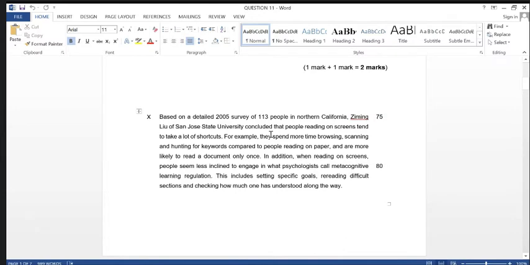For example, they spend more time browsing, scanning, and hunting for keywords compared to people reading on paper. Alright. So if you want a shortcut, you browse, you scan, you check keywords only. You do not read line to line, stop, and check again the relationship like what I taught you, right? Because those are the shortcuts of reading.